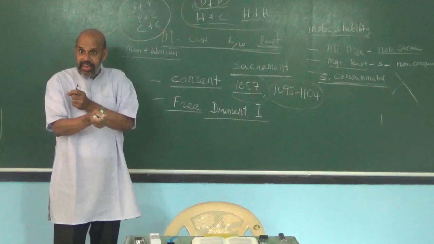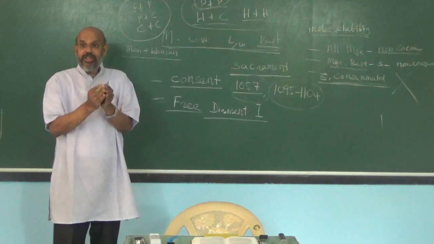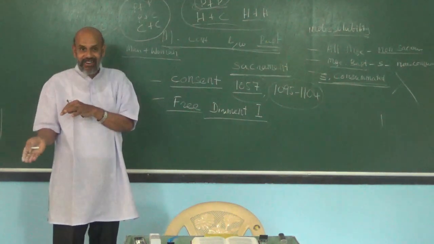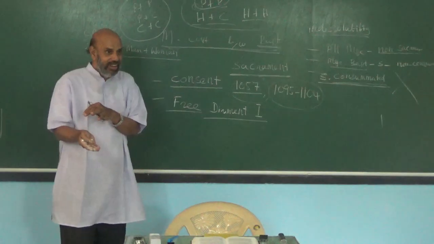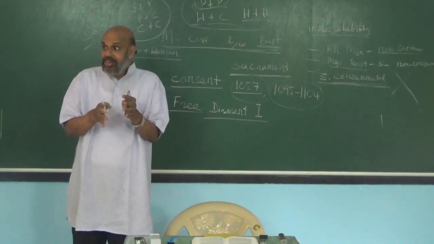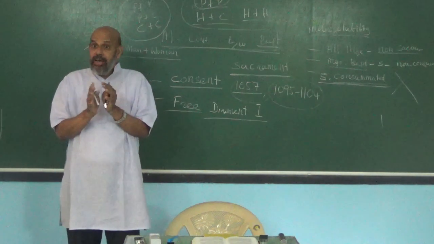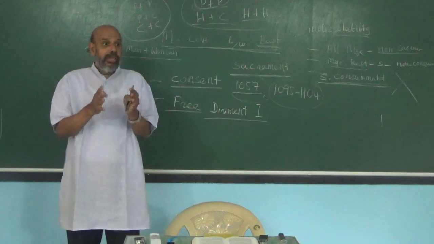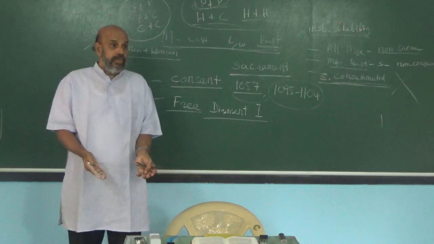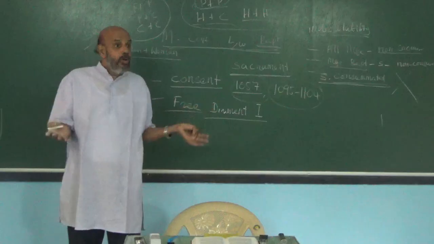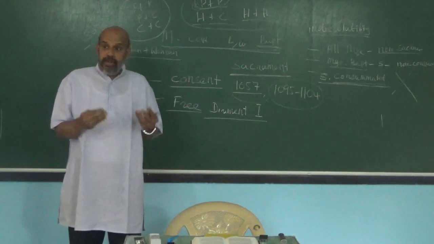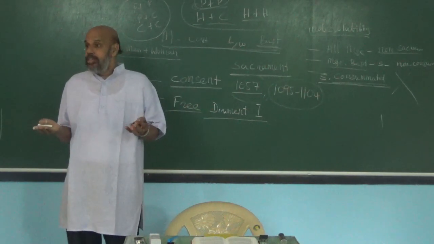Only when the first one dies can you marry a second one. So a prior bond is a divine law impediment. The father cannot marry the daughter. Incestuous relationship. No dispensation can be given. Some impediments you cannot dispense.